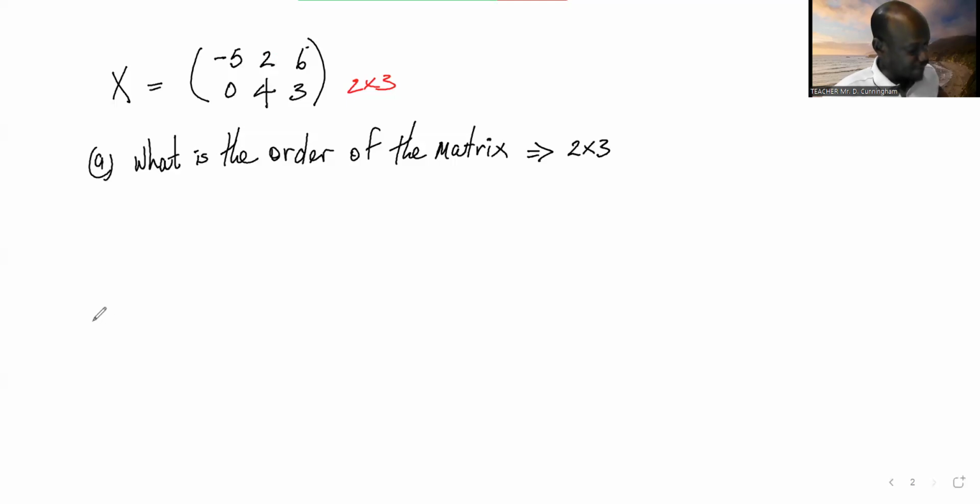Next question. In the first row, the first row would be this row. What is the third element or number in the first row?